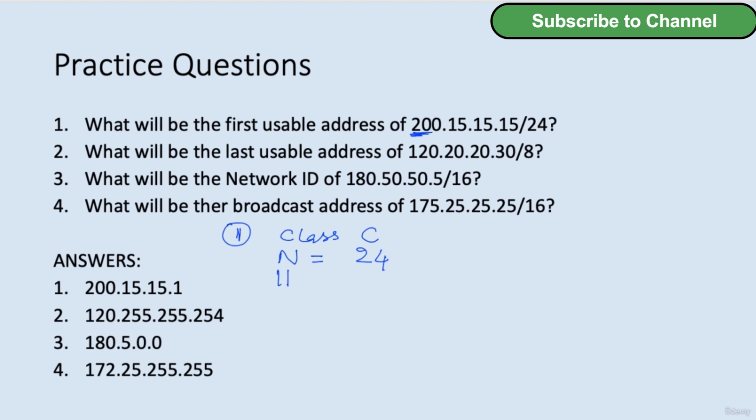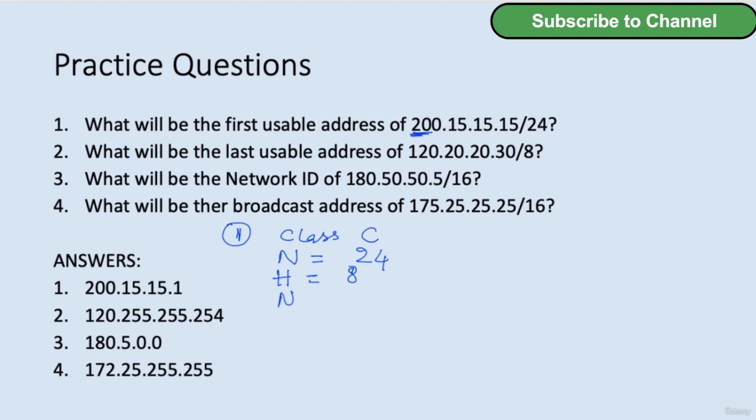So when network bits are 24, host bits will be 8, because the total size is 32 and the default mask is used. 8 plus 24 will make 32 and subnet bits are 0 here. There is no subnetting done because the mask is default.